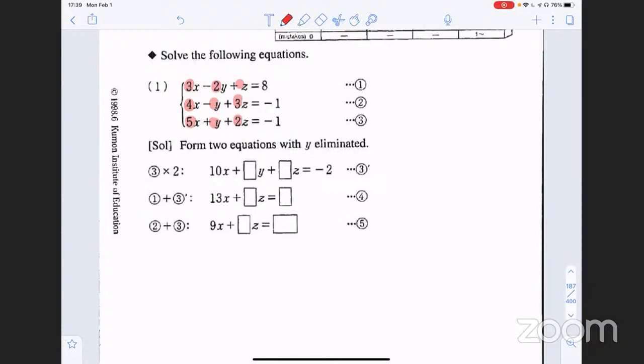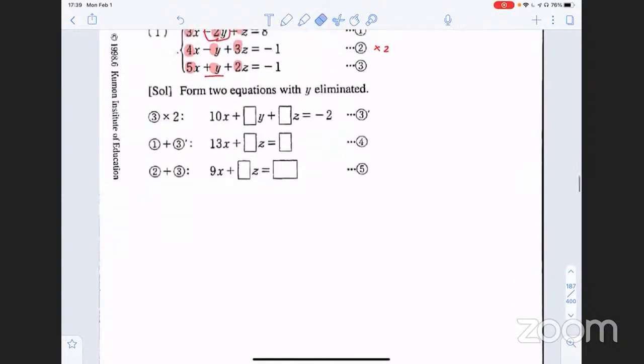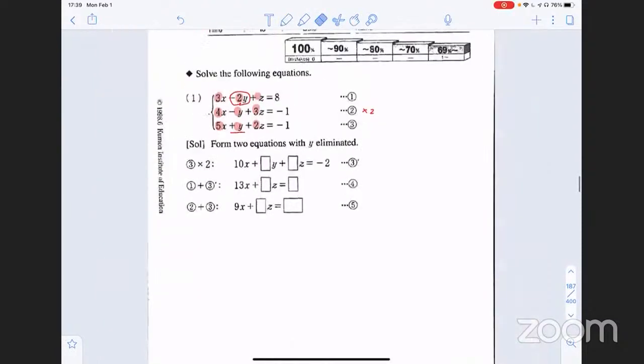The reason why, hey, if I get rid of minus 2y, I just need to multiply 2, right? I need equation number 2 to multiply by 2. If I want to get rid of that, I just add them together, 2 and 3 together. So that's the easiest way for me to do it. And that's exactly what the question wants you to do anyway, right? So this is how you solve it.